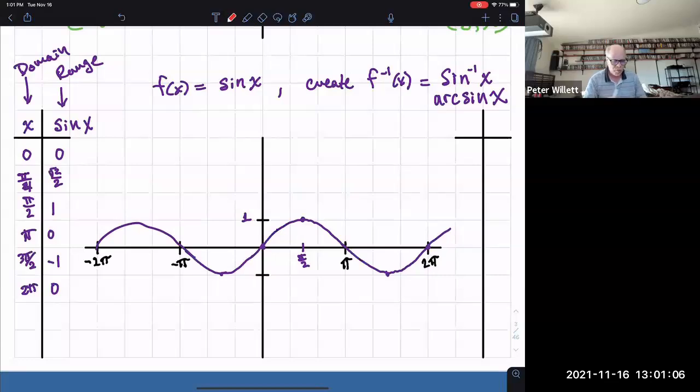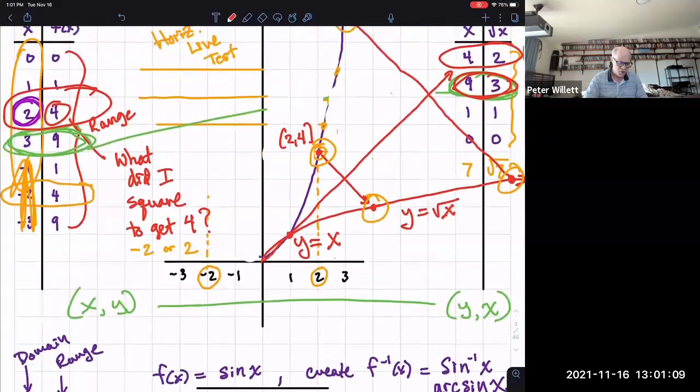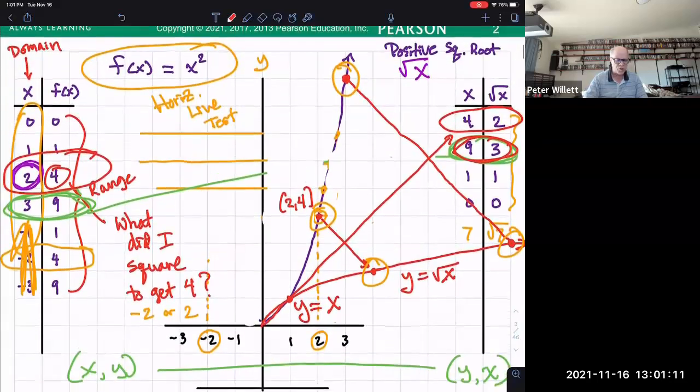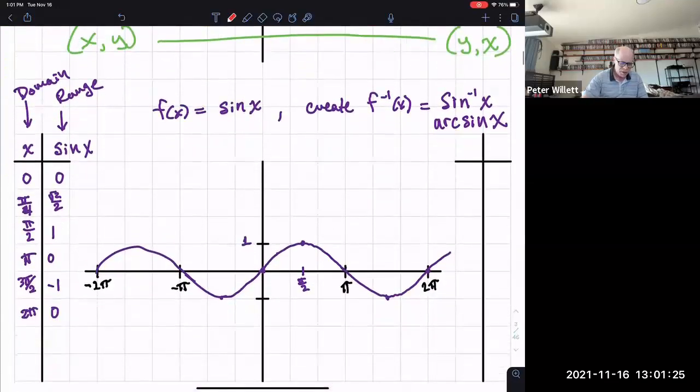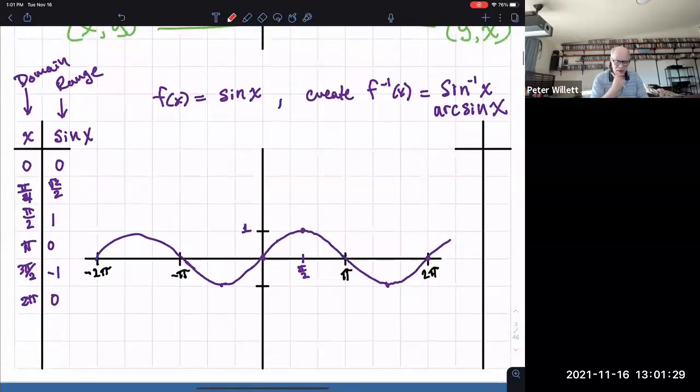As a reminder, in the case of the x squared function, we ended up taking away the left arm of the parabola and just using the right arm so that it could pass the horizontal line test and create an inverse. But here we need to take away a lot of the sine function in order to have horizontal lines only hit the graph once.